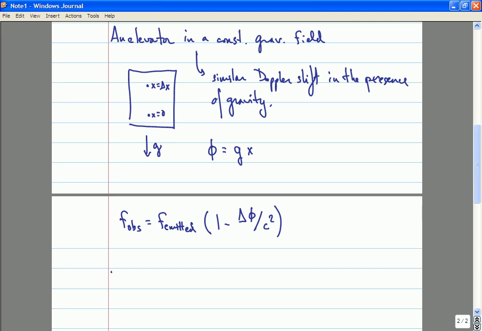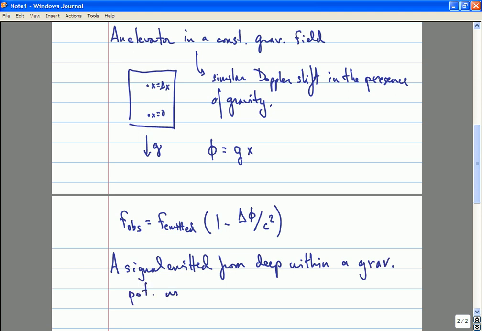And the sign is that a signal which is emitted from deep within a gravitational potential will be redshifted, meaning that if you shine a flashlight from the center of the Earth deep within the gravitational potential, then that flashlight will appear redder to me observing it up here on the surface of the Earth than it did to you down there near the center of the Earth.